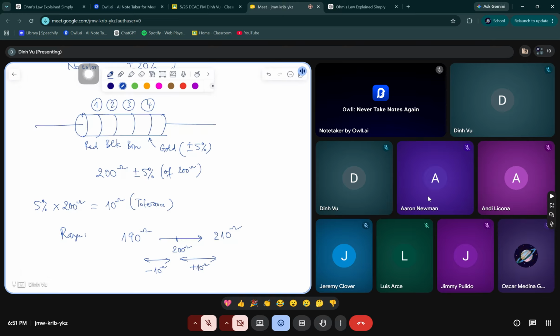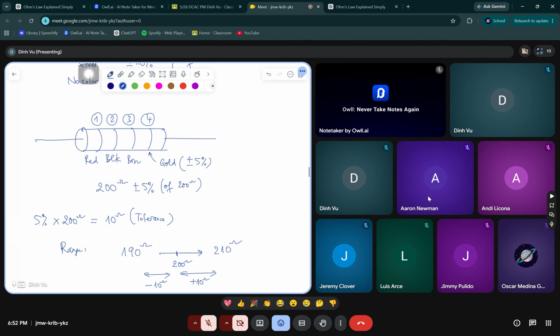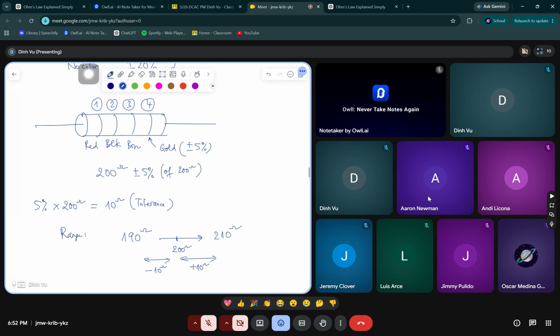Okay, so this is the band 4 tolerance. So for one resistor, there is tolerance 5% and tolerance 10%.